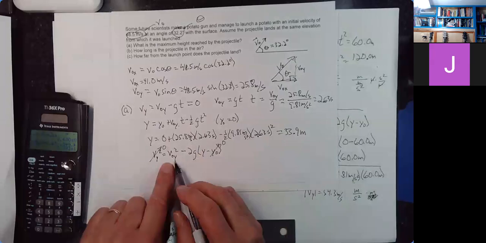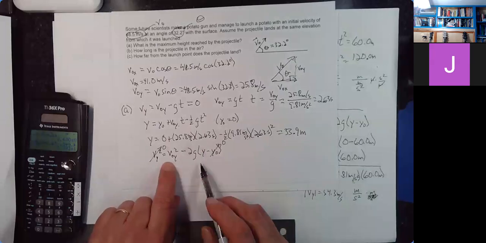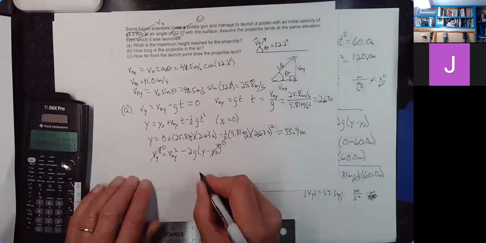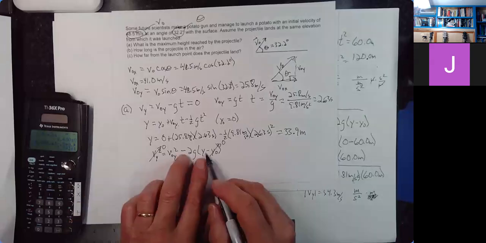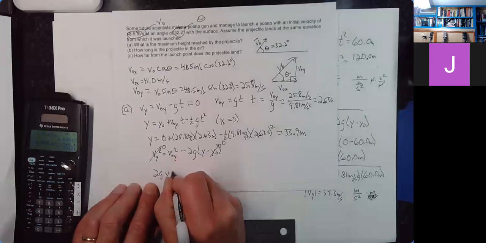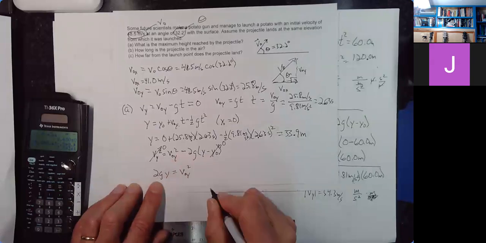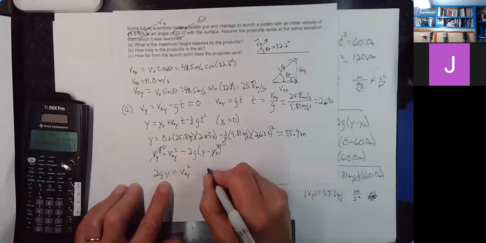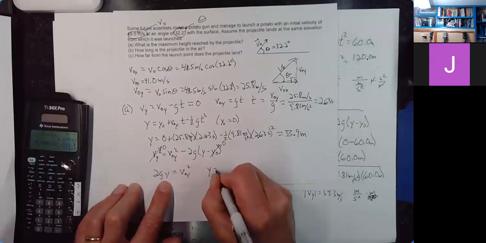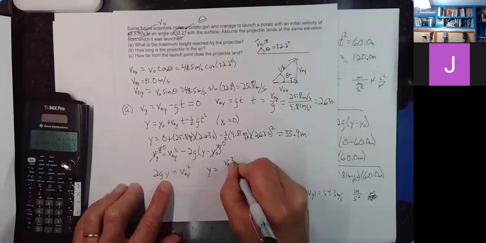I know v naught y, it was 25.8 meters per second. So let's see what this gives us. If I kick these terms across, I get 2gy equals v naught y squared, or y at the top will equal v naught y squared over 2g.